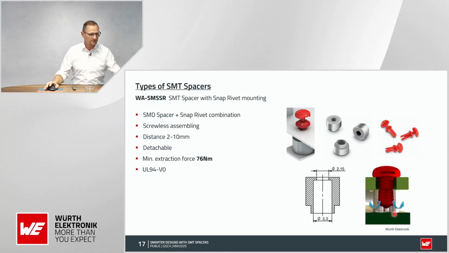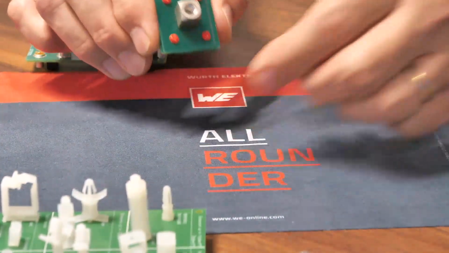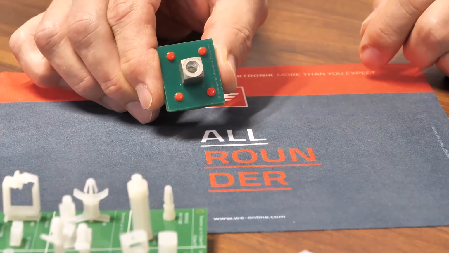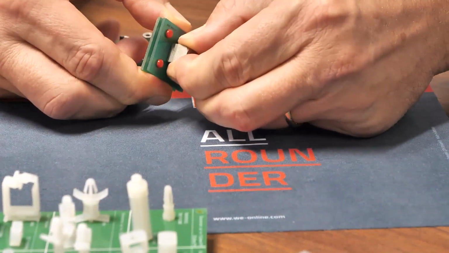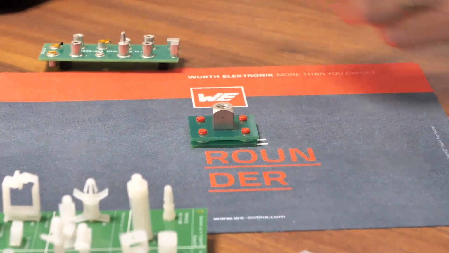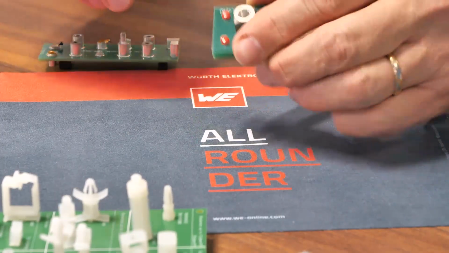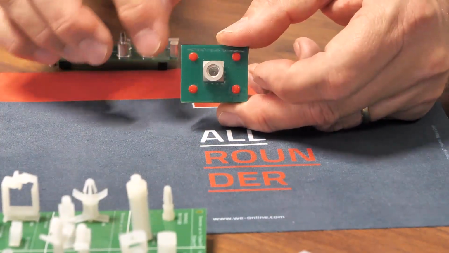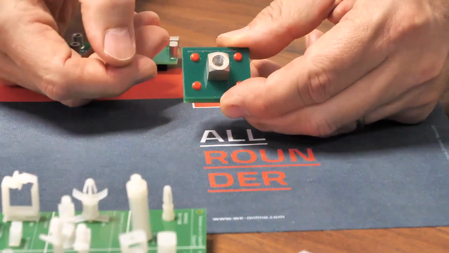I have assembled a sample here for you, so you can see there are 4 of the components here, and I will not break it up. Its extraction force is up to 76 Newton, and it looks pretty much like a rivet.